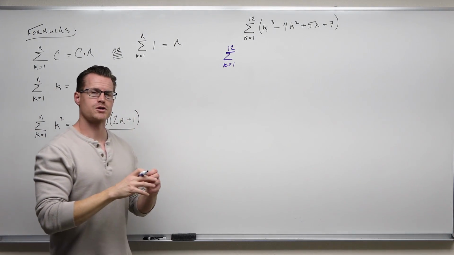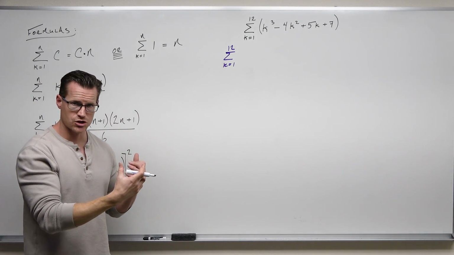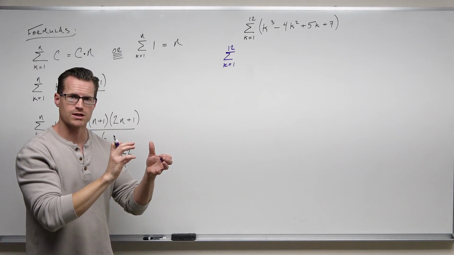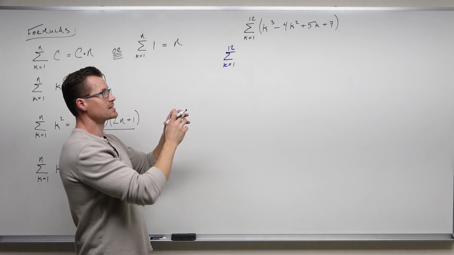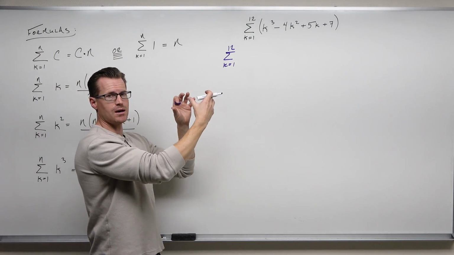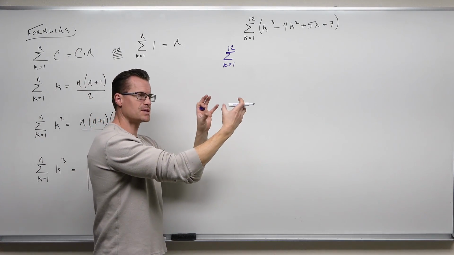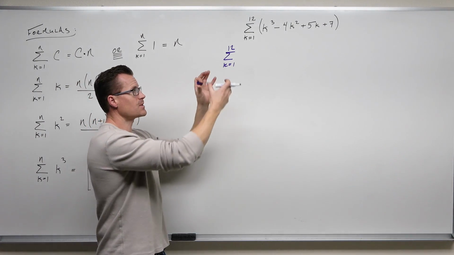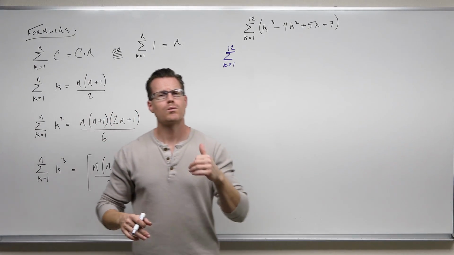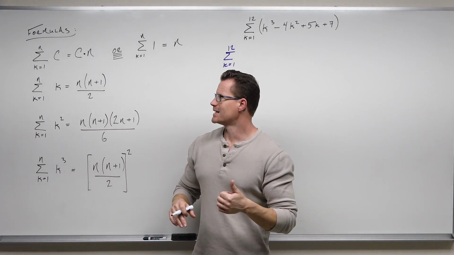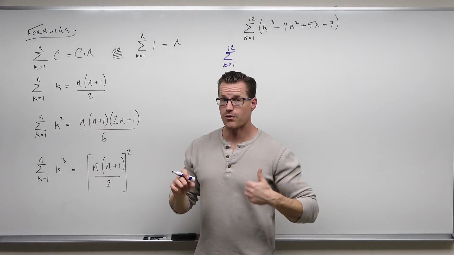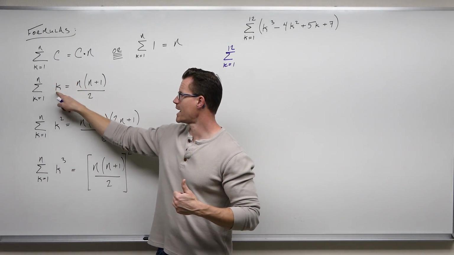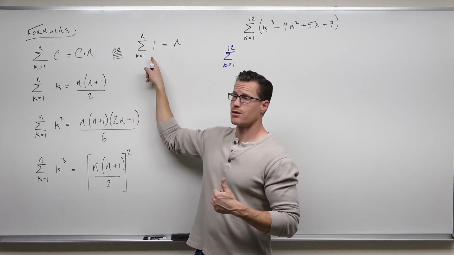I'm going to separate it first by addition and subtraction, and then pull my factors out. So I can consider one big series to be a sum of little series. Adding up different stuff and then adding together is the same thing as adding up all the stuff at once. What we're trying to do, our goal, is to get the insides of every one of our series to look just like one of these things.